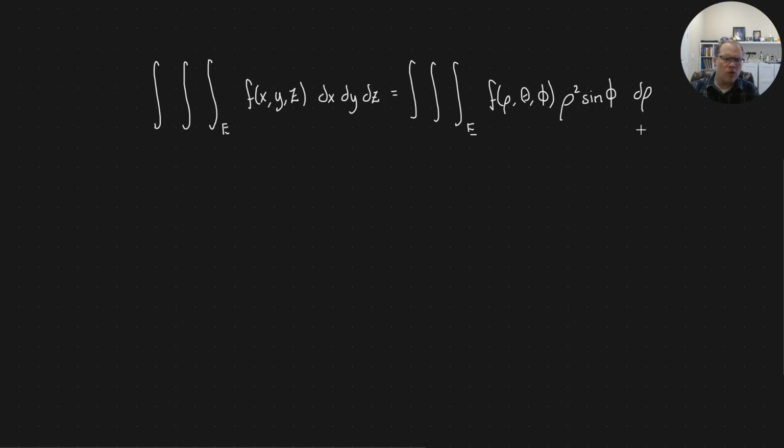Okay. I'm not going to derive for you today where that comes from. I believe your textbook has a short derivation. The idea is the same as where that extra r came from when converting to polar coordinates with a double integral, or to cylindrical coordinates with the triple integral.